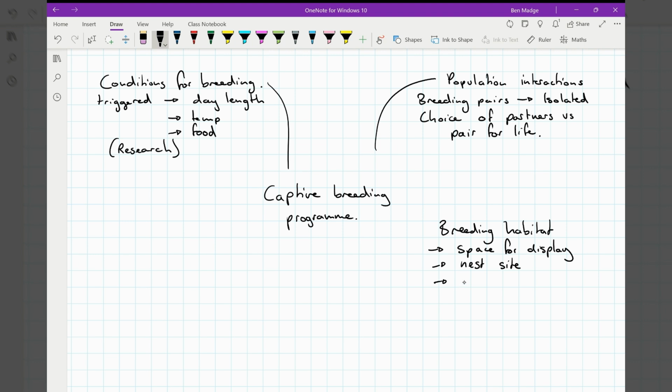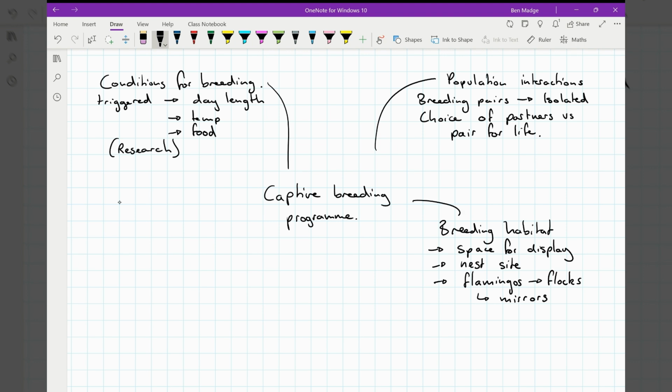So the classic one of this is flamingos nest in large flocks. If they do not feel like they're part of a large flock, they will not breed. So to simulate this, we use mirrors to make them feel more comfortable in a small captive population.